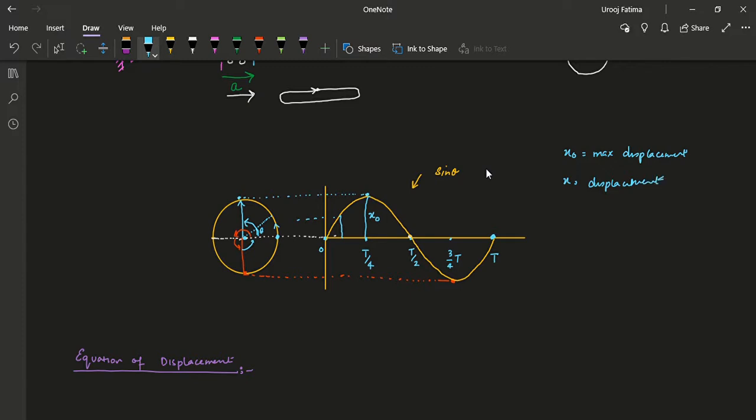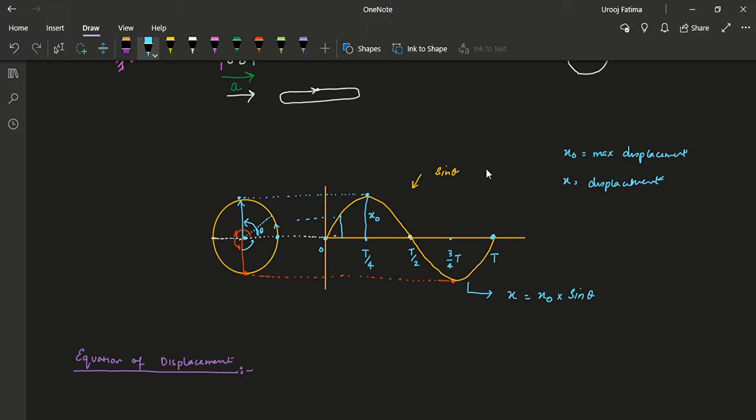So basically, this whole thing is just going to give me an equation that x will be a function of x0, the maximum displacement, times sine of theta, right? Now this sine theta just tells you the ratio between x and x0, so you can just work it out yourself.